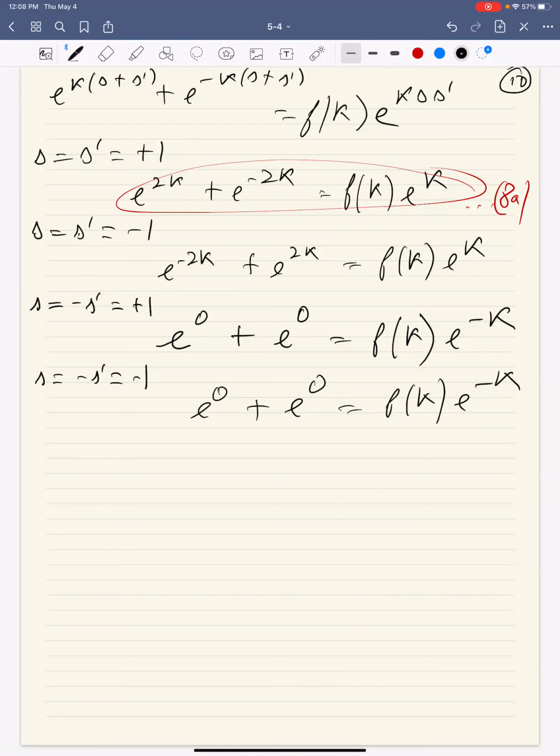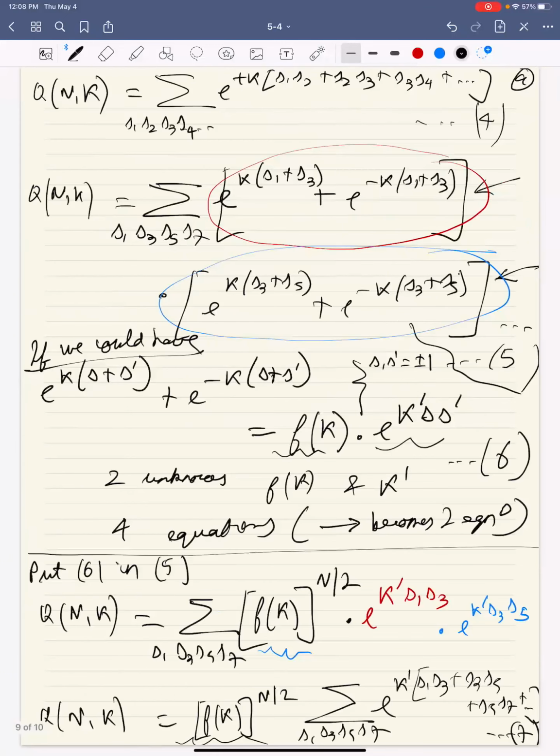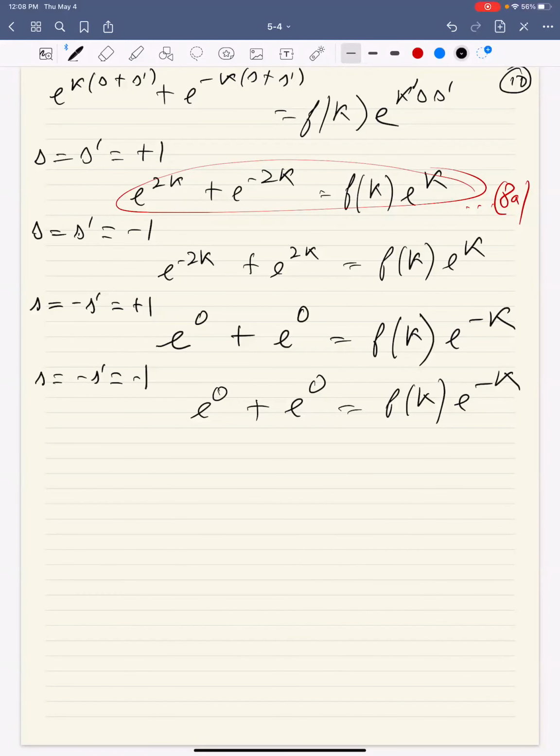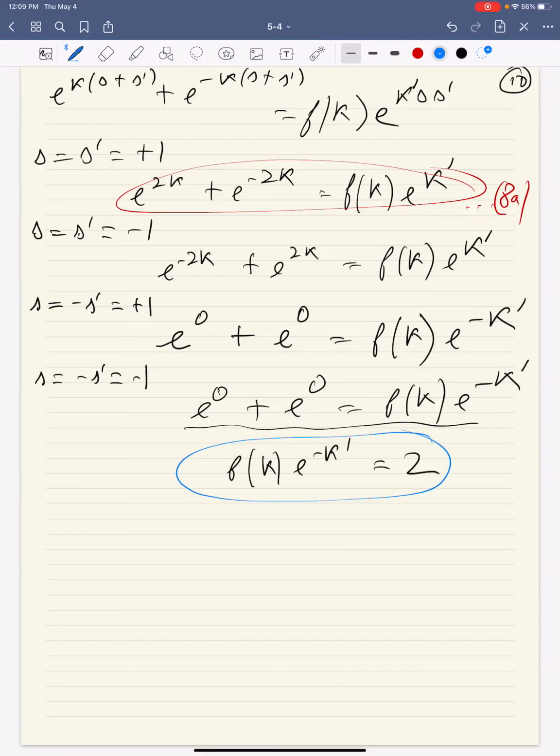Oh, I made a mistake. Does anyone notice? This is k prime, it's not k. This thing is k prime: f of k multiplied by e to the power k prime. So what does this become? This becomes f of k e to the power minus k prime is equal to 2. That's equation number 8b.